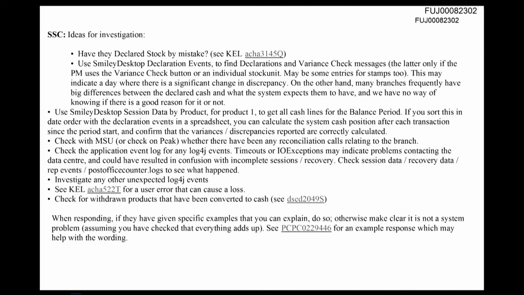Otherwise, make clear it's not a system problem, assuming you've checked that everything adds up. What does that mean? Make it clear it's not a system problem. Once you've checked everything and have not been able to find any sign of any system problem.